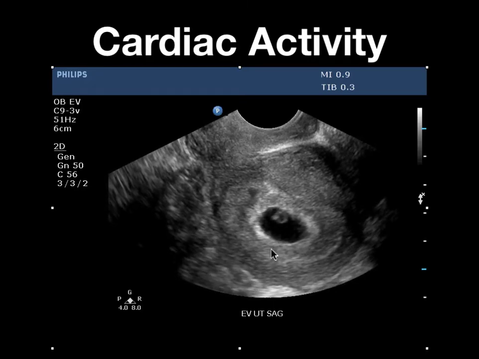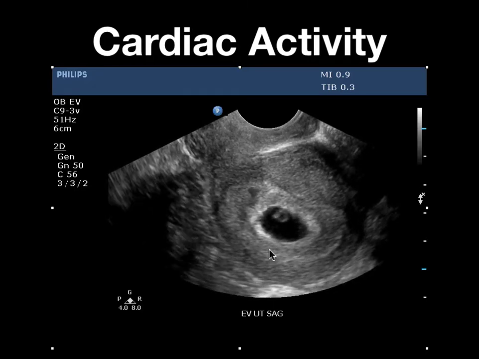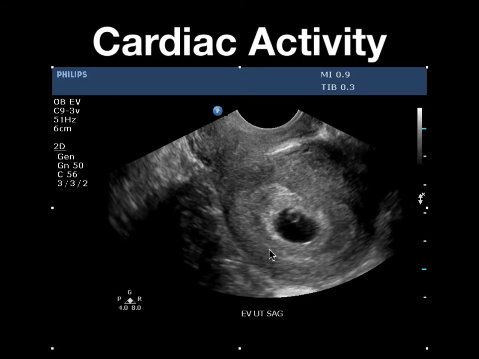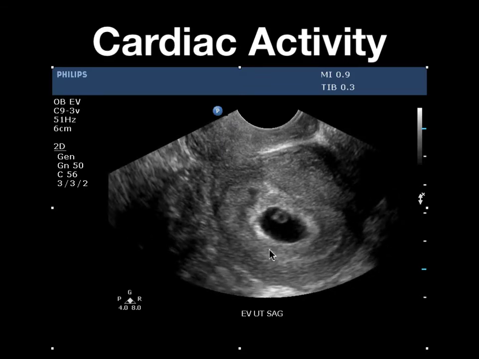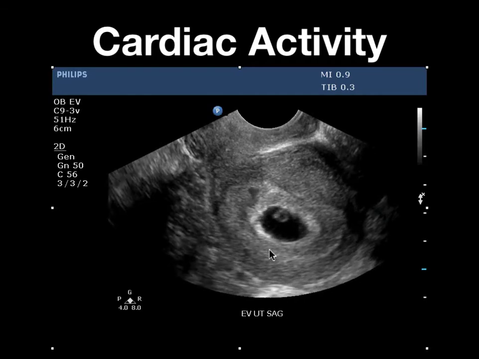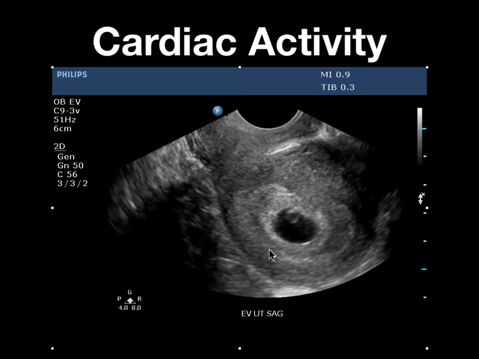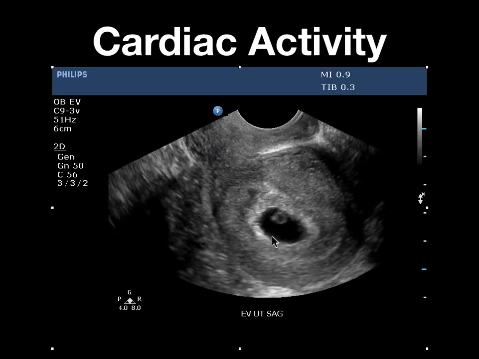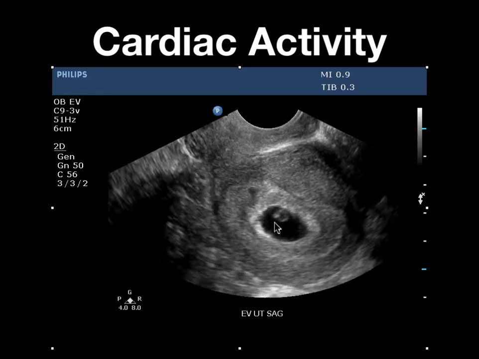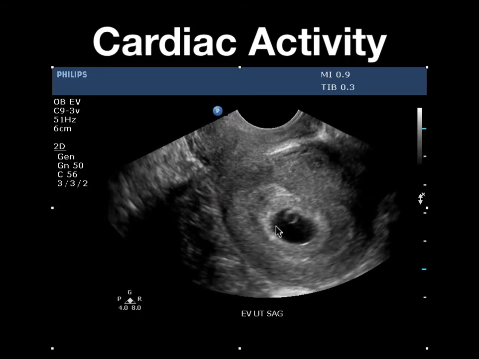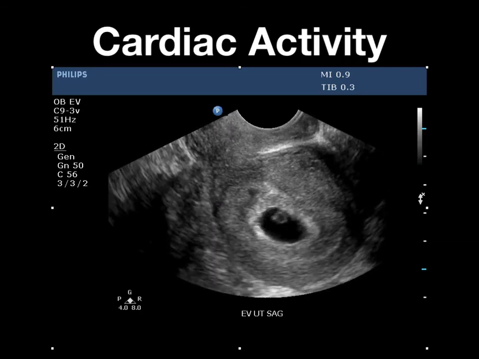And this measured in the 90s, which for a more advanced embryo would be bradycardia, but for an embryo that's 2.3 millimeters, this is not abnormal. But here, take a look at this closely. You can see the flicker here in this very, very tiny 2.3 millimeter embryo.